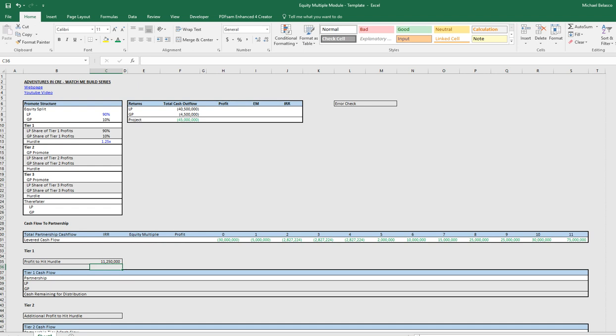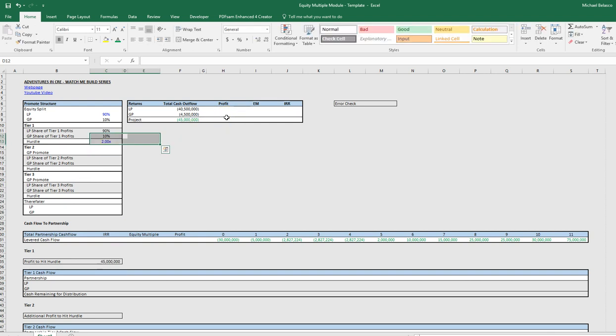And so I want to stop here real quick before moving forward and just check out all the mechanics that we've built in this model. We're modeling out a specific scenario, but we can change around the blue inputs, and everything should move accordingly. There's nothing technical here at all. So as you can see, we now have a 1.0 equity multiple, which you can see means our profit is 0.